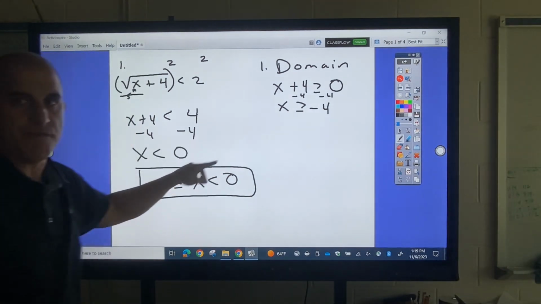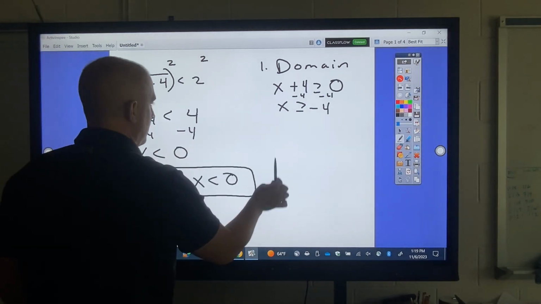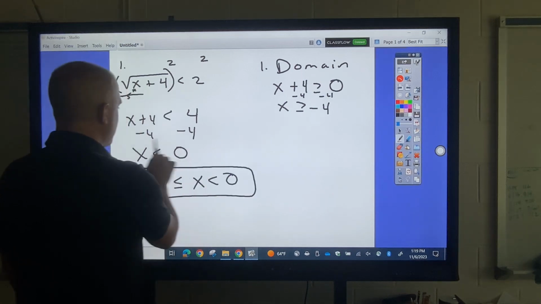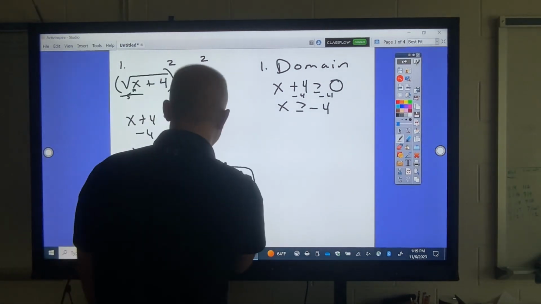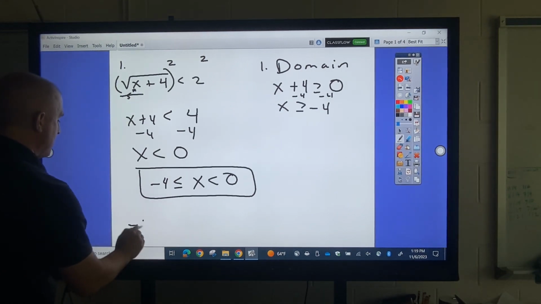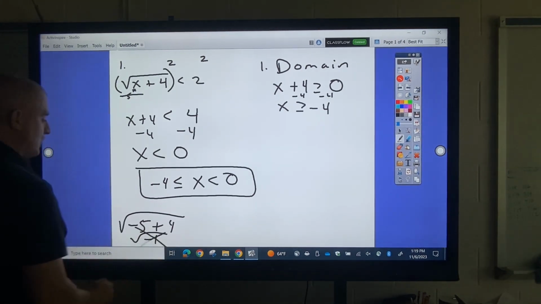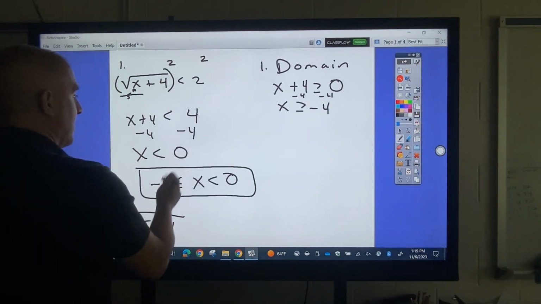You have to account for the interval. Why can't it be something like -5? Because if I put -5 in there, that'd be the square root of a negative number, which is an imaginary number, not a real solution. So you have to account for both parts.